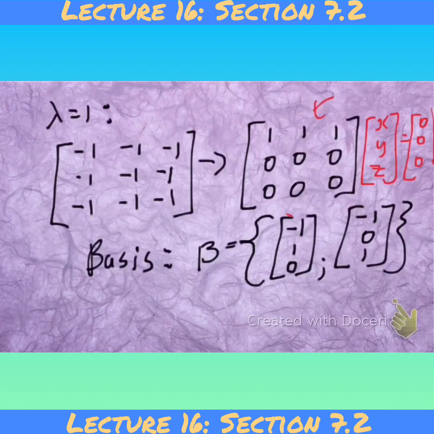If we take the dot product between these two vectors, that's going to be minus 1 times minus 1, which is 1, plus 0. So clearly those vectors are not orthogonal, but we can make them orthogonal by using the Gram-Schmidt process.